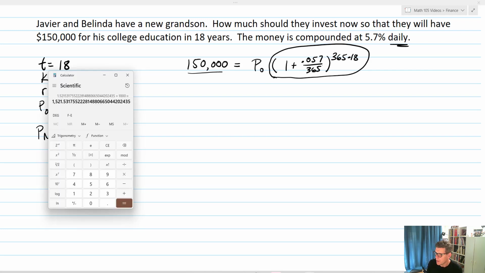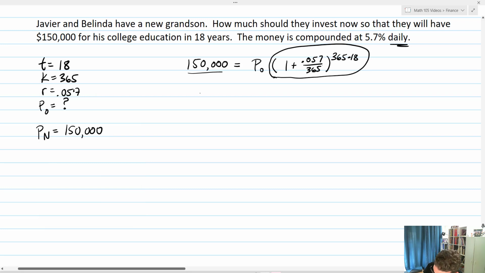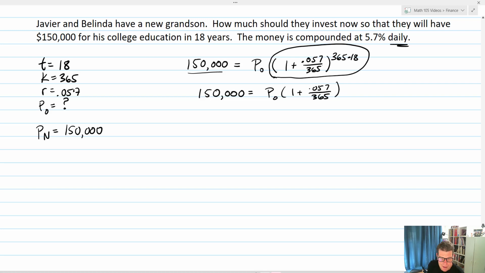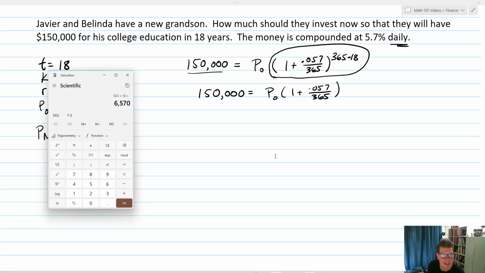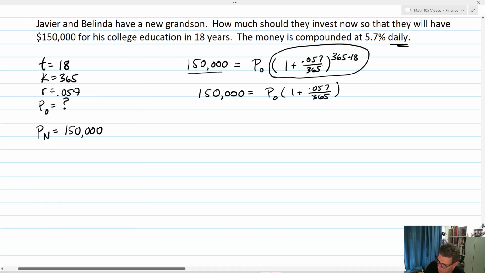So the first thing I'm going to do is multiply 365 times 18. $6,570, that's my exponent. So I get 150,000 is going to equal P naught times 1 plus 0.057 over 365 to the, what was that number again? 6,570th power.